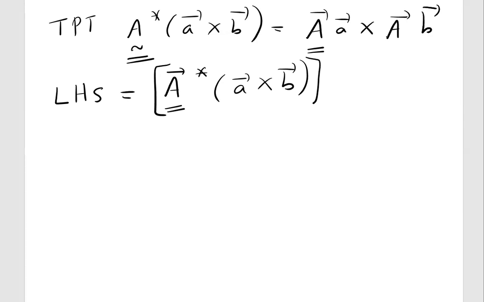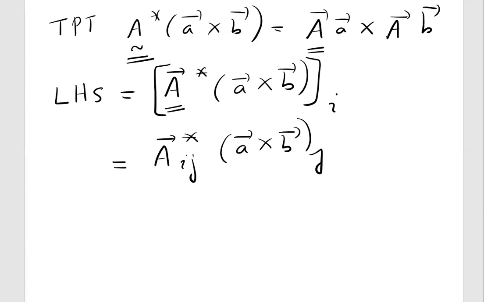So one free suffix, so we'll take i there. That is equal to, the product definition is this. So A star ij (a cross b) with j. This is the definition of the product of a second order tensor and a vector.